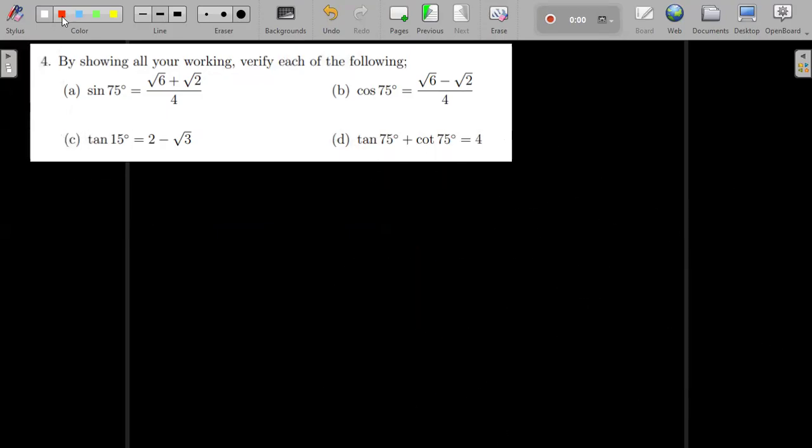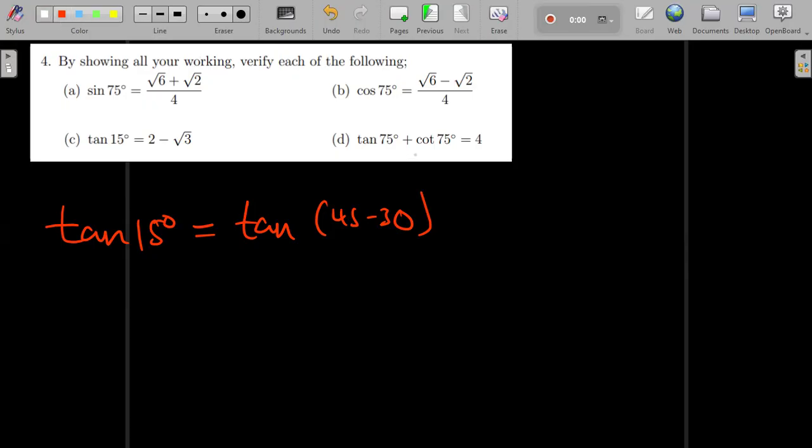So on C, what do we have? So on C, we have tan 15 degrees. Okay, so that 15, we're going to separate it into two angles, such that those two angles are special angles. So this will be the same as tan of 45 minus 30. We know that 45 minus 30 is 15, right? All right.